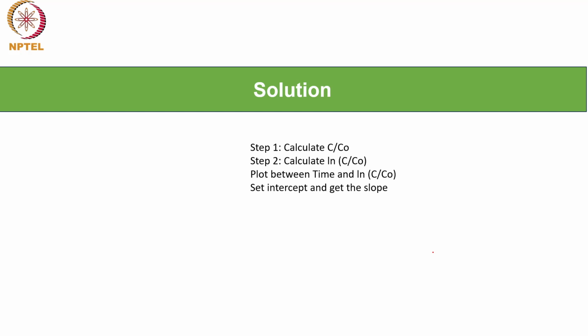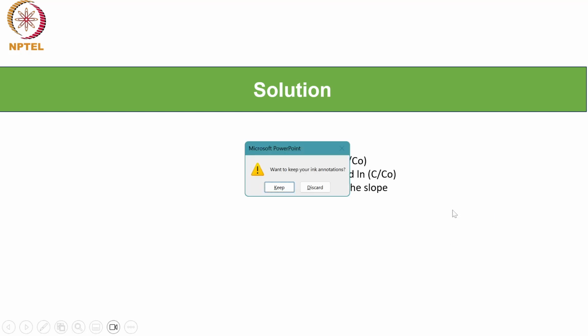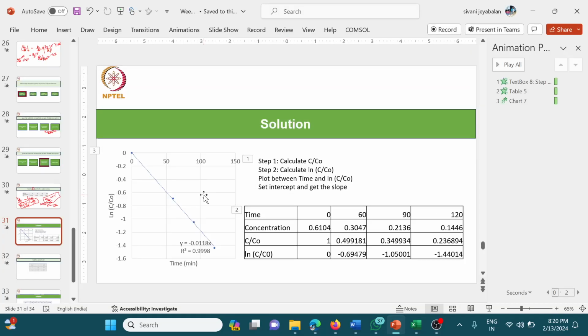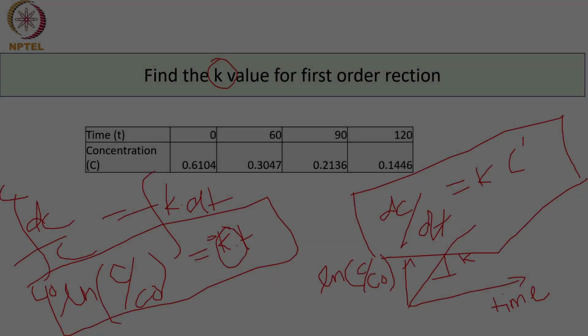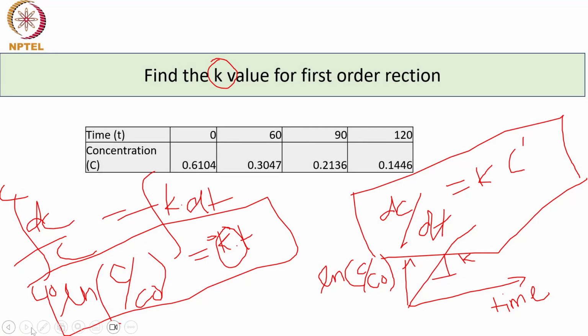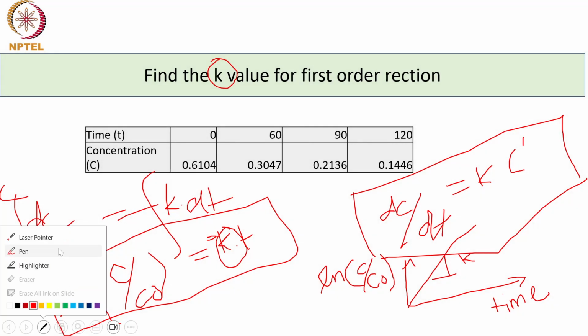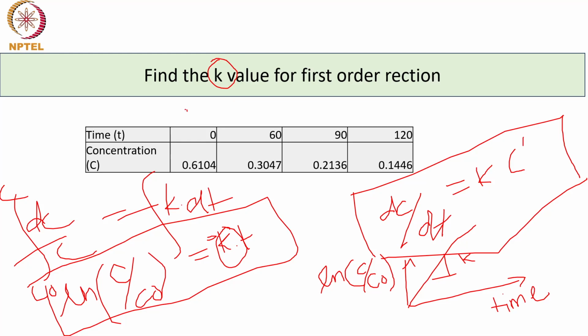Calculate C by C naught. Your C naught will be this one. You make one more column like C by C naught.